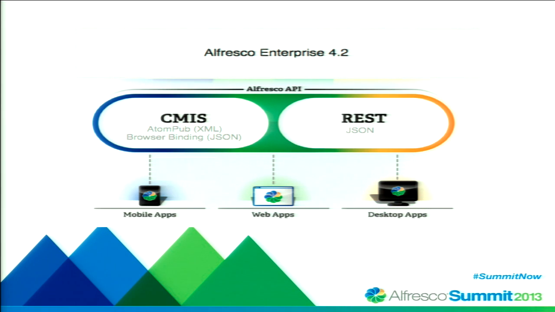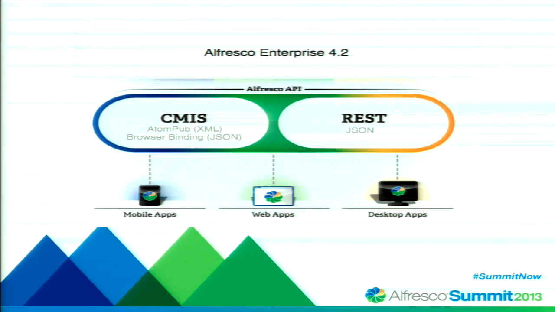Okay, so a little bit of history. About a year ago, we launched the Alfresco public API in the cloud, and that code is now in Alfresco 4.2. And it's a combination of CMIS plus RESTful, our own RESTful API. And what happened was the great minds at Alfresco got together and decided what is a RESTful API?